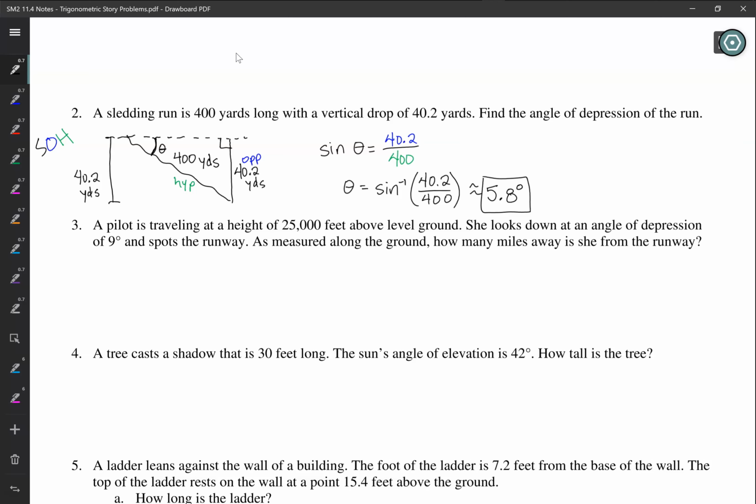All right. Let's look at another example involving an angle of depression. So you've got a plane, and your plane has a height of 25,000 feet.